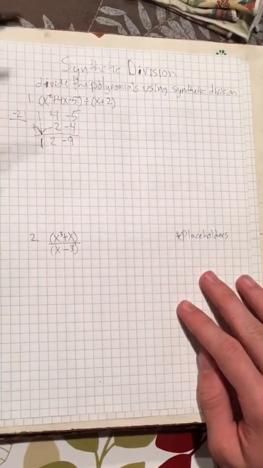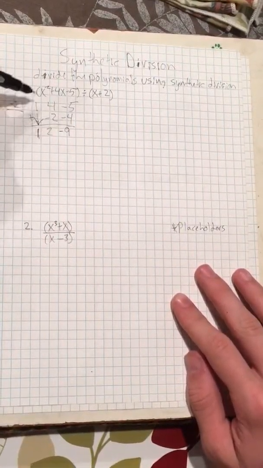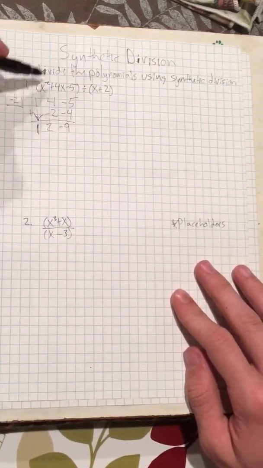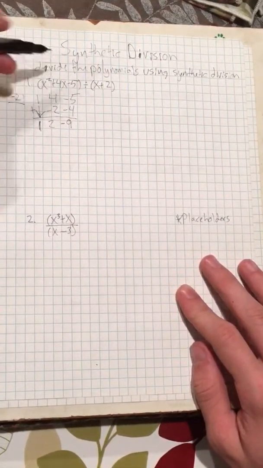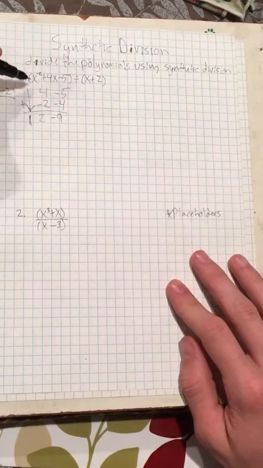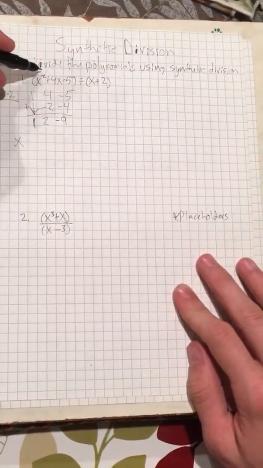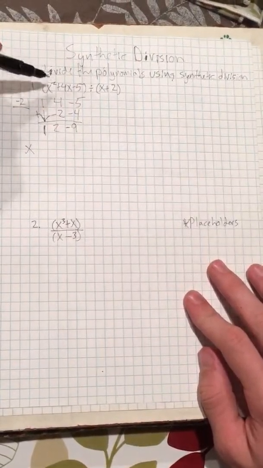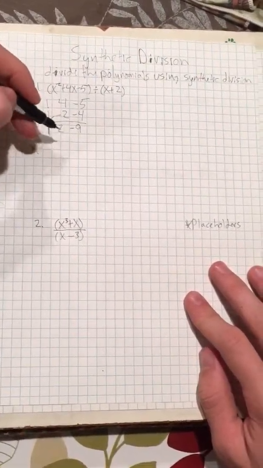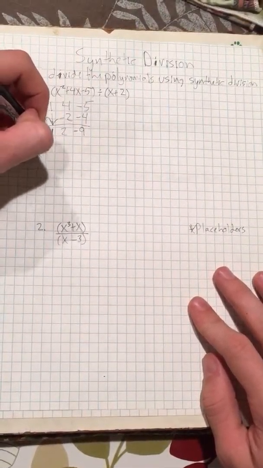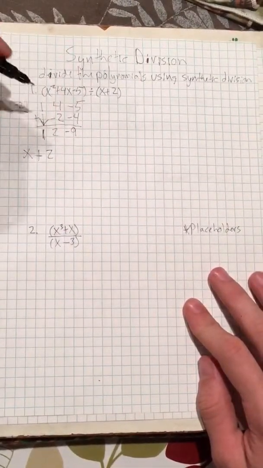So then at this point we're going to rewrite the equation now that it's been divided. And when you divide, you're going to lose 1 power of x. So this is going to start at just regular x because the original polynomial started at x squared. And then so it's 1x plus 2.